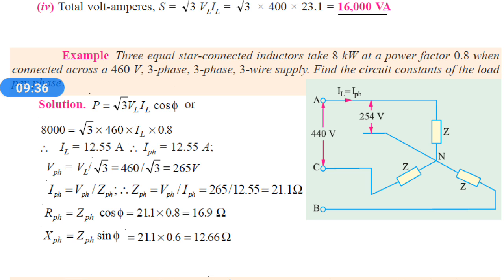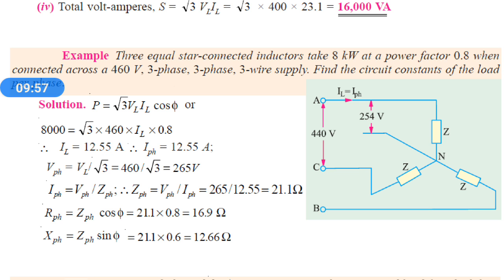21.1 into 0.8 gives 16.9 ohm, that is the R value. Resistance is 16.9 ohm. Similarly, the XL value or X phase equal to Z phase into sin phi, the opposite side. So 21.1 into 0.6.